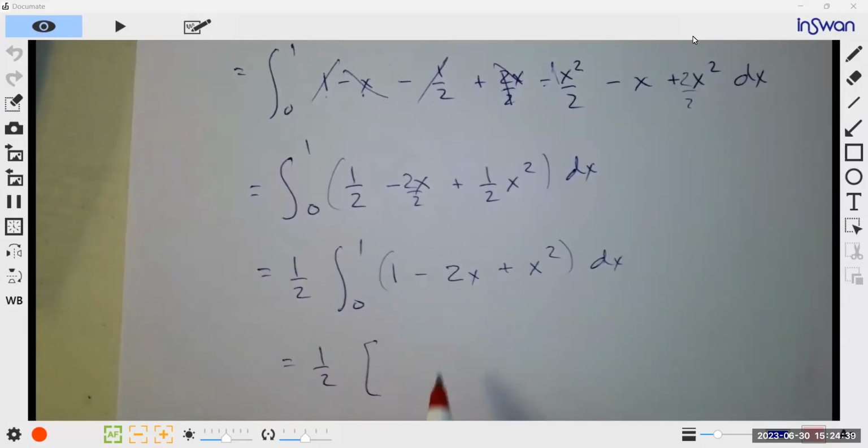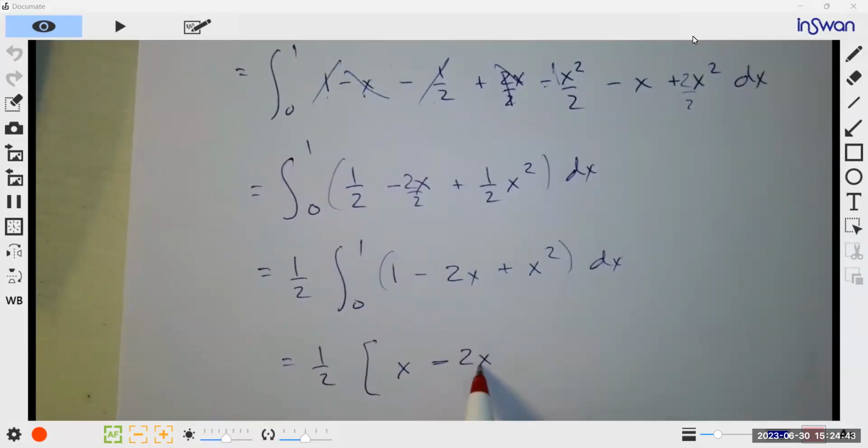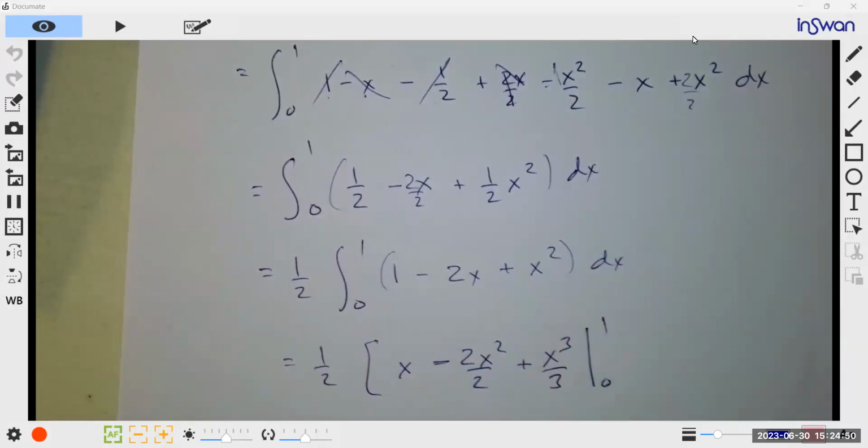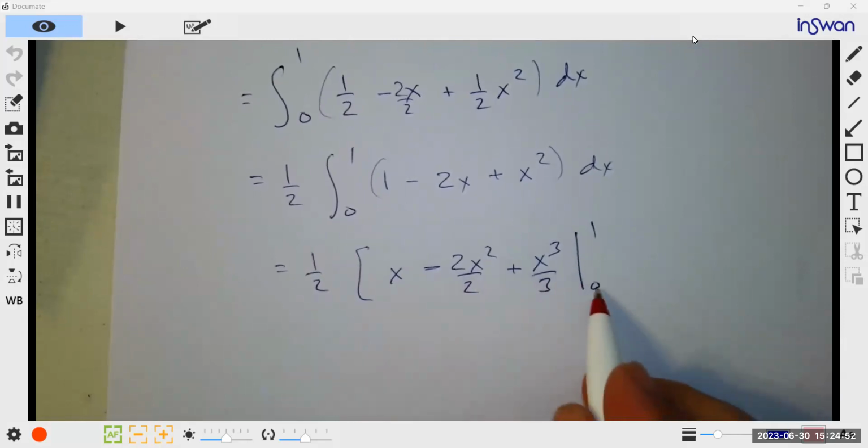One half integrated, it's x minus 2x squared over 2 plus x cubed over 3 from 0 to 1. Since they all have x's and zeros at the bottom, we only worry about the top.